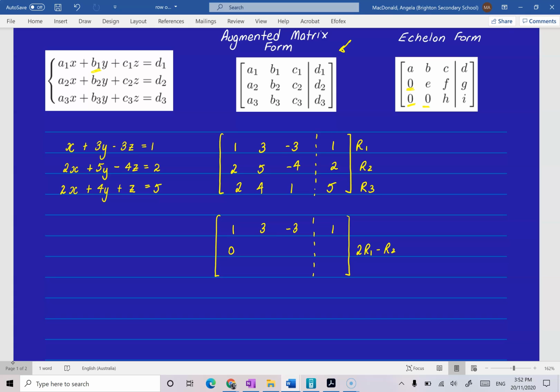Now make sure you show your working somewhere. If we say over here we've got 2 row 1 take row 2, I'm going to show my working underneath. So I've got 2, 6, minus 6, and 2, and then we write row 2, which is 2, 5, minus 4, and 2, just reading straight off what we've got here. 2 take 2 is 0, 6 take 5 is 1, minus 6 take, so be careful there, because it's really simple mathematics, but if you stuff it up, it's a pain to go back and find your error.